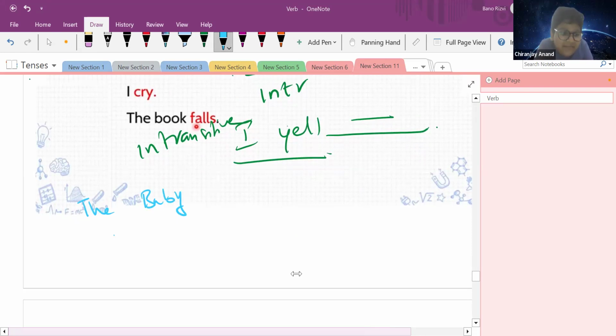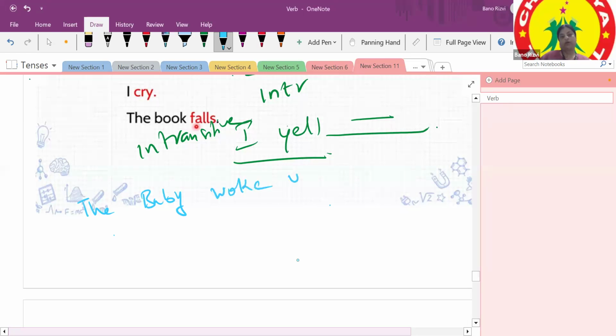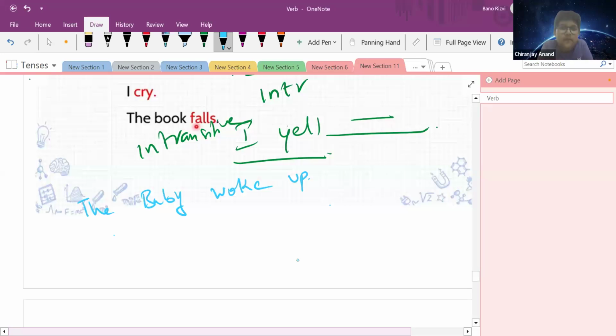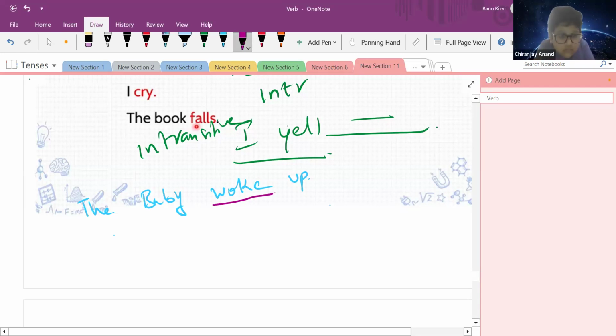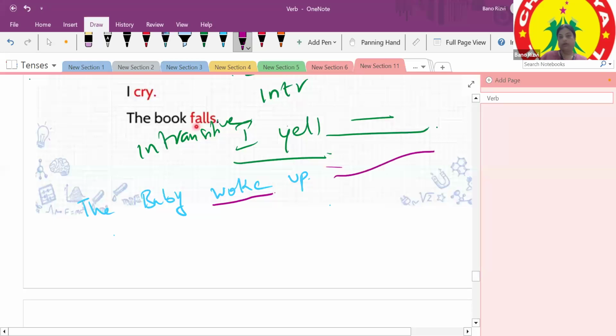Transitive, intransitive. The baby woke up. Woke is the verb. You don't know why or how the baby woke up. So there is no object here to complete the sentence.